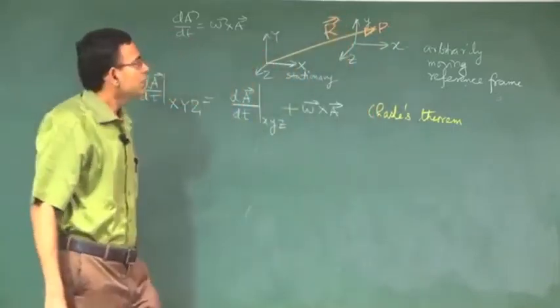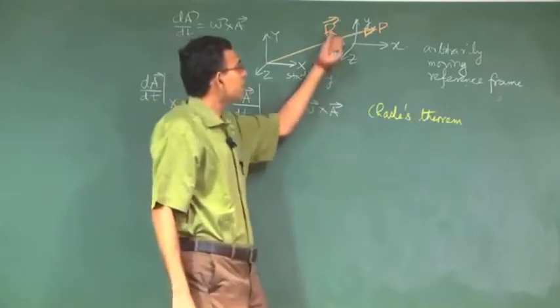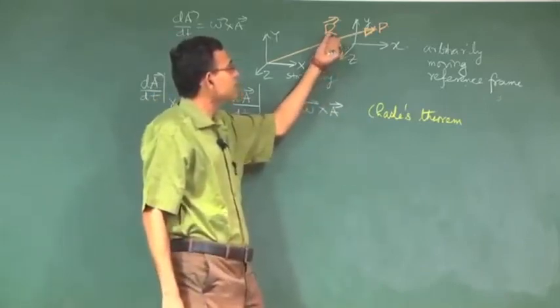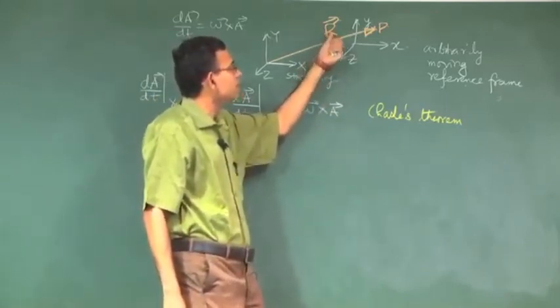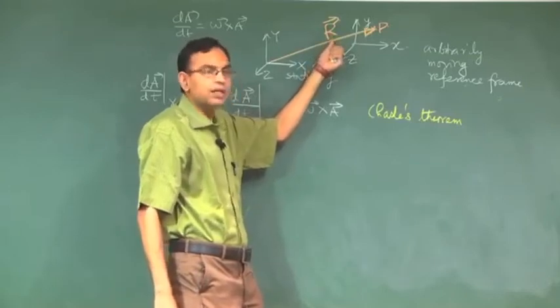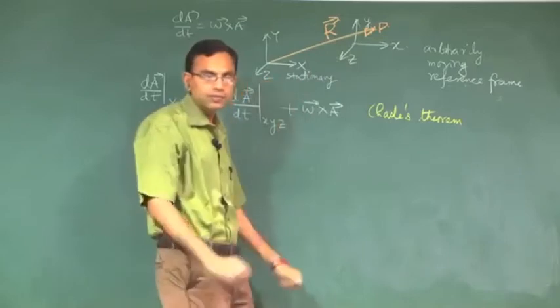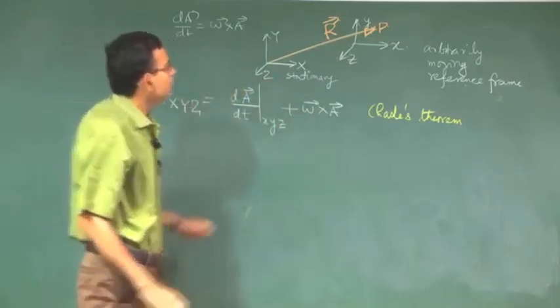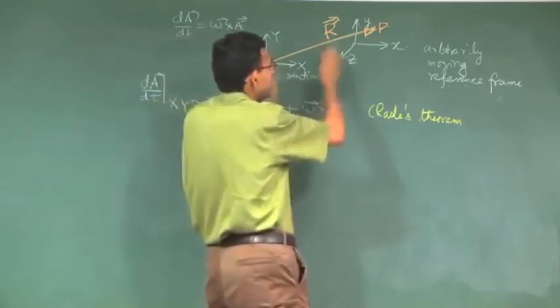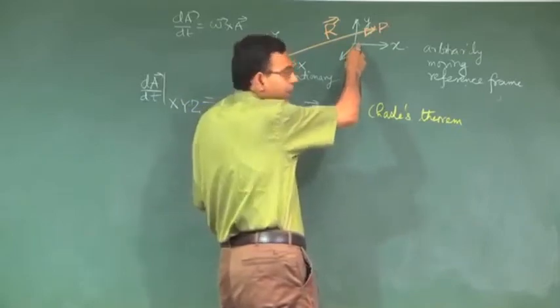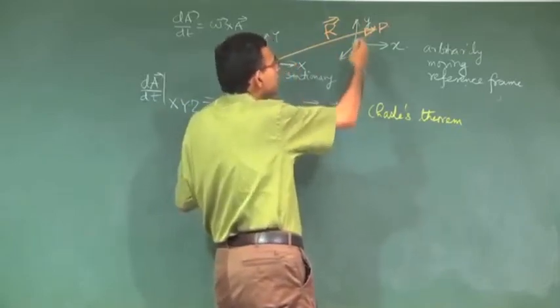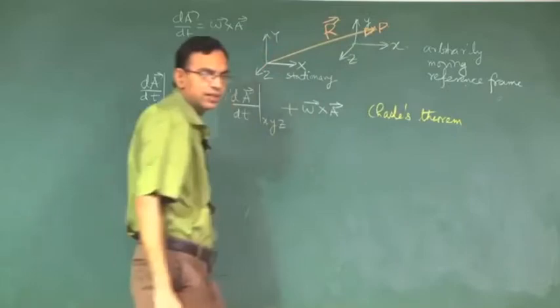So the second derivative of r with respect to time will give the absolute acceleration of the particle P. But we are not observing it from here, we are observing it from here. So we will express that in terms of the quantities observed from small xyz.